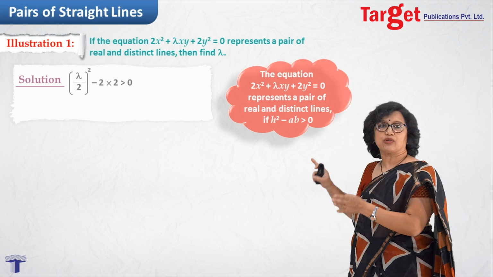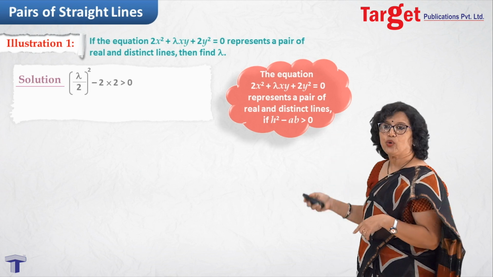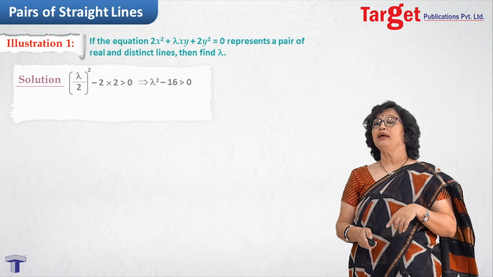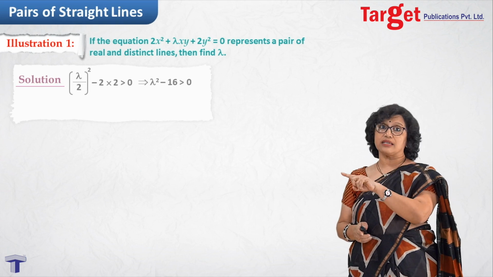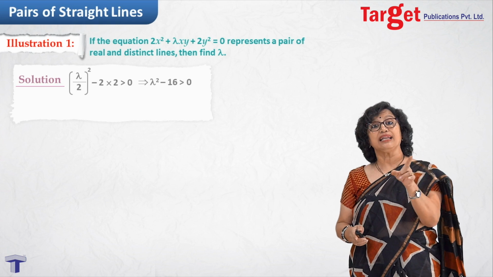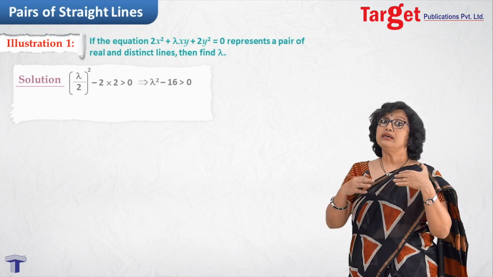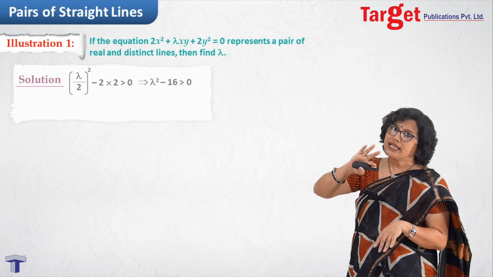So substitute in h square minus ab greater than 0, lambda by 2 and 2 and 2, and you finally get lambda square minus 16 greater than 0, which is of the form lambda square greater than 16. We have solved inequations where x square is greater than a square. We have seen this before. The solution was x is less than minus a or it is greater than a.